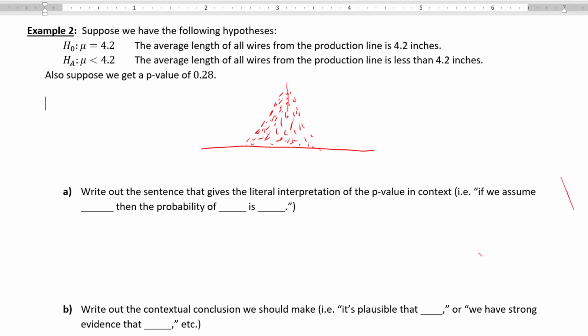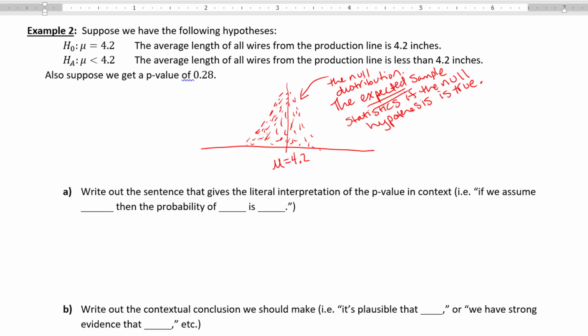We also know that its center would be at mu equals 4.2 because that is the null hypothesis. About half of the sample statistics would be a little above 4.2, and about half would be a little below 4.2. This is telling us the usual, normal, expected sample statistics we would get if it is true that the average from the entire population is actually 4.2 inches.